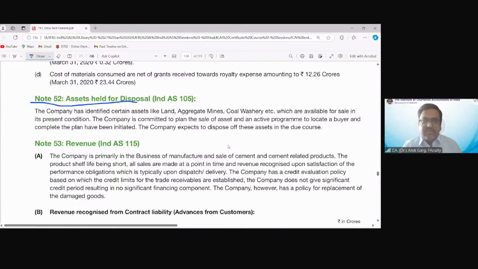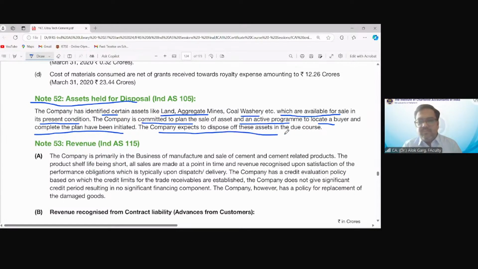The company has identified certain assets like land, aggregate mines, coal washery, etc., which are available for sale in its present condition. The company is committed to plan the sale of assets, and an active program to locate the buyer and complete the plan has been initiated.